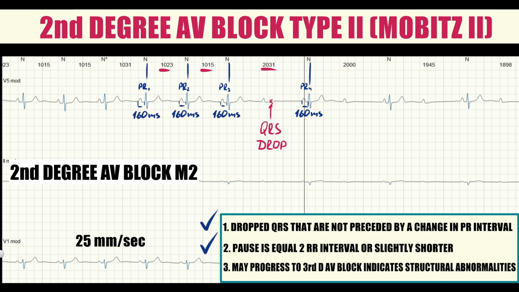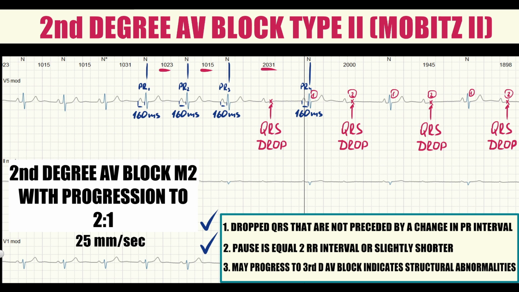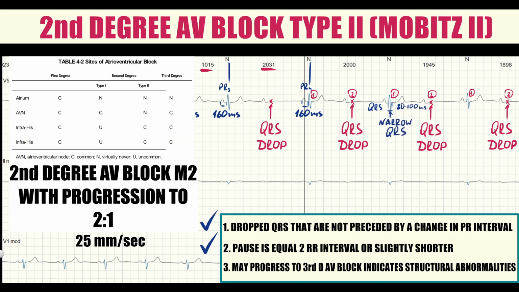After the first QRS drop, we see the second, the third and fourth QRS drops. It means that every second QRS complex is dropped, which is the criteria for second degree AV block with conduction 2 to 1. QRS complex is 80 milliseconds, so most probably we see intra-His level of block.